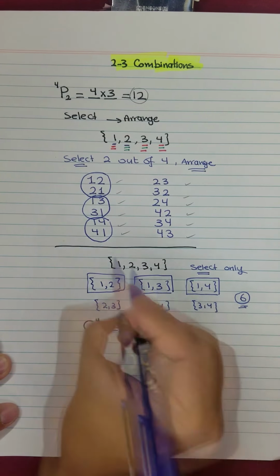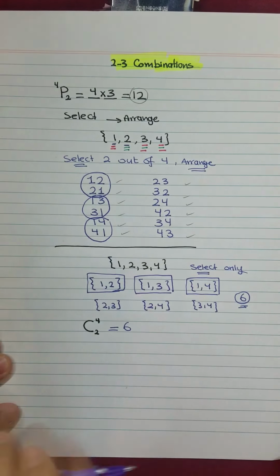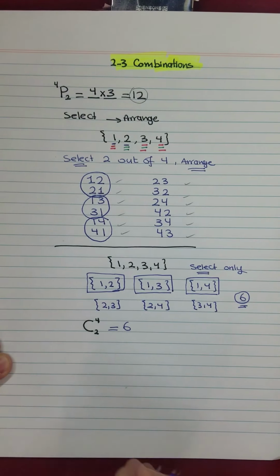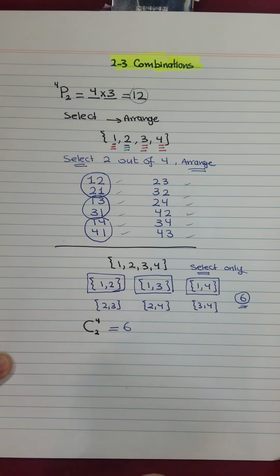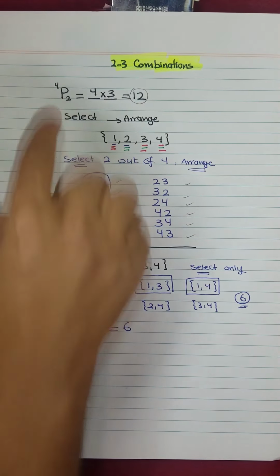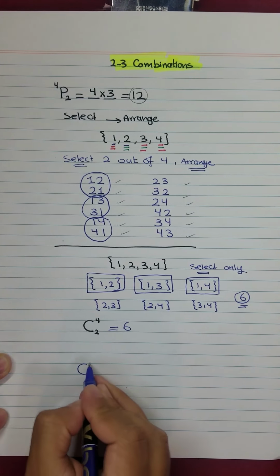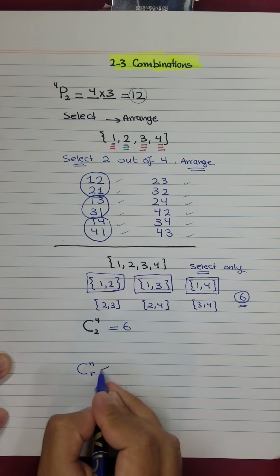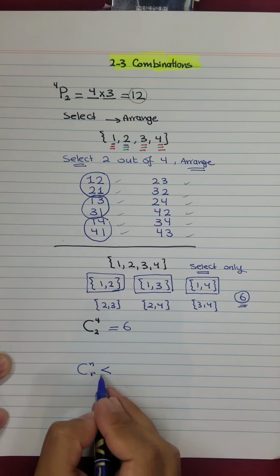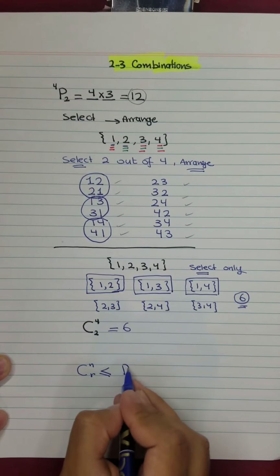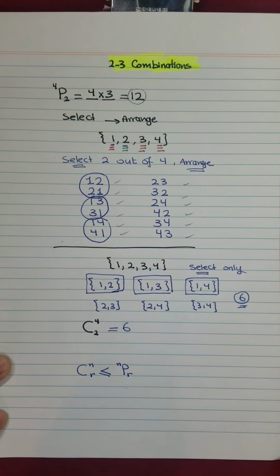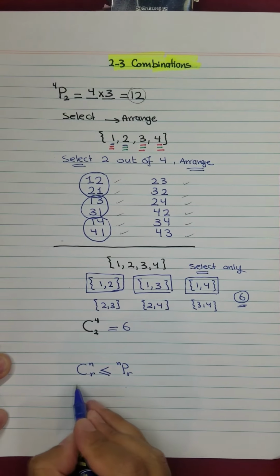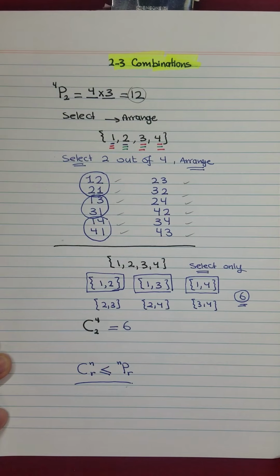So each one selection gives us two permutations in this example only. So that's why you will always notice that the combination of n, r, if you can say, is always less than, in some cases equal to, the permutation of n, r. So this is the first note that you need to notice.